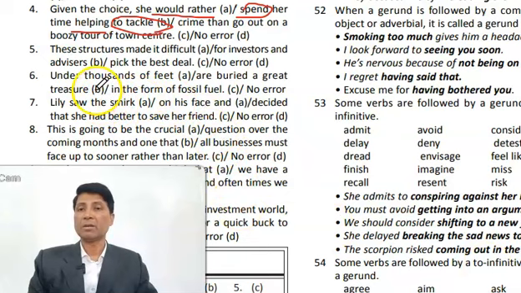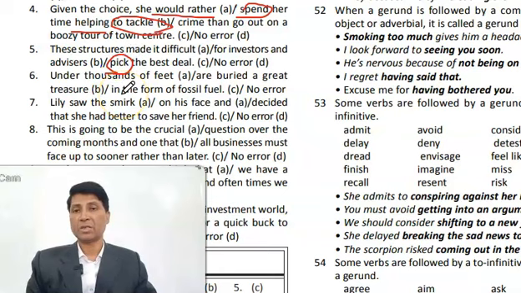Look at question number 5. It says, these structures made it difficult for investors and advisors pick the best deal. Here pick is wrong. It should be full infinitive, so to pick will be the right answer. Look at question number 6 now.